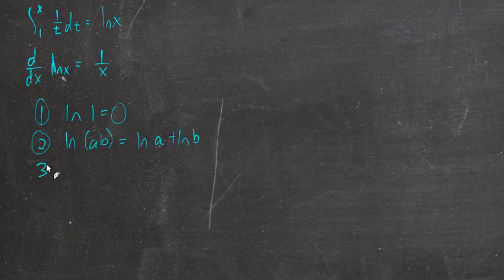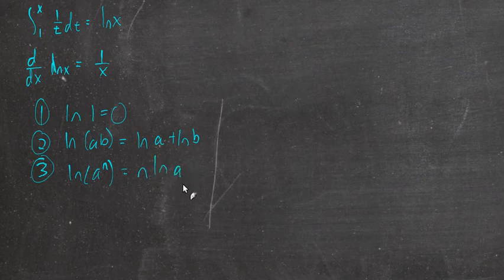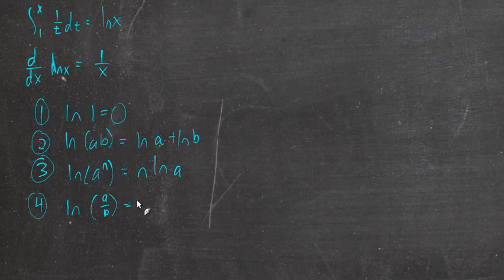This should really be a reminder of the properties of natural logs. The natural log of A to the n, we can just bring that n power down. There we go. Another property is that the natural log of A over B, very similar to A times B, would just be the natural log of A minus the natural log of B.